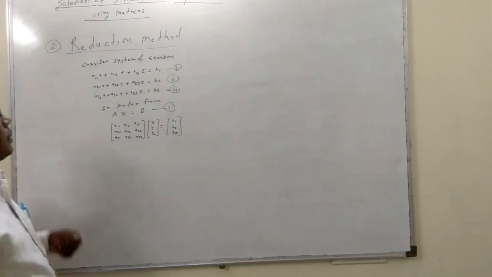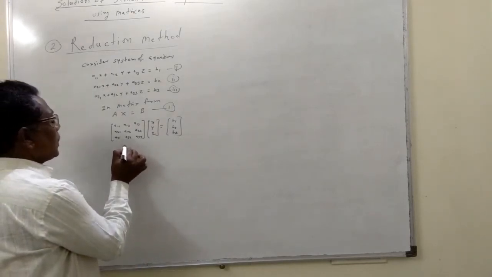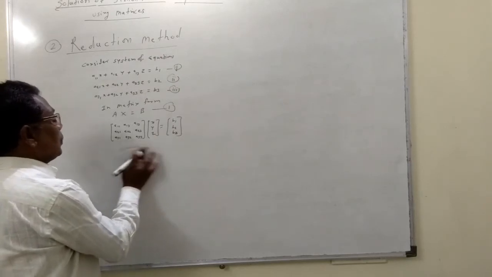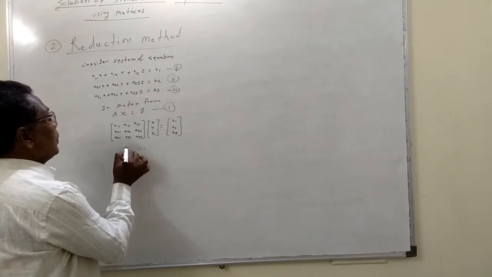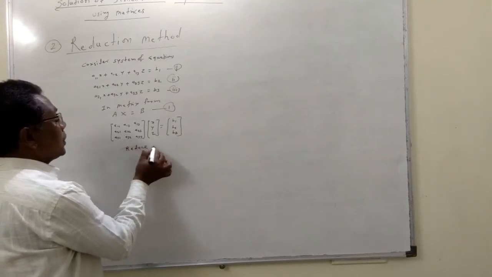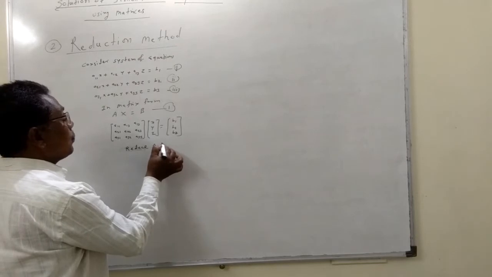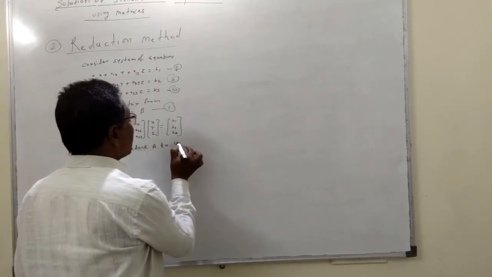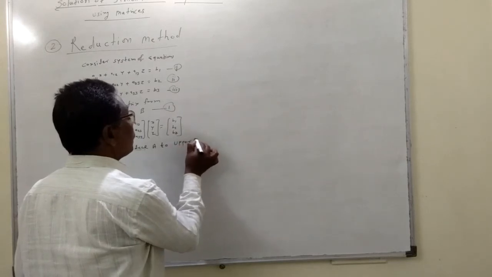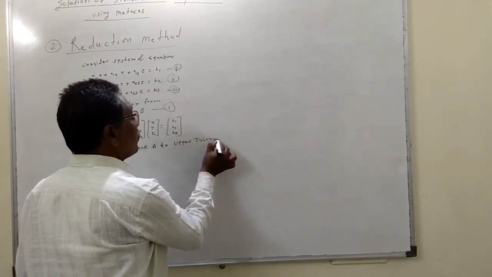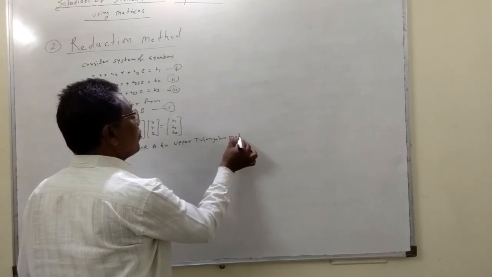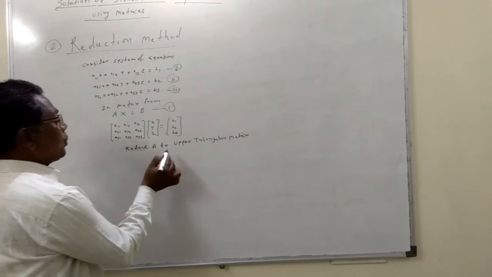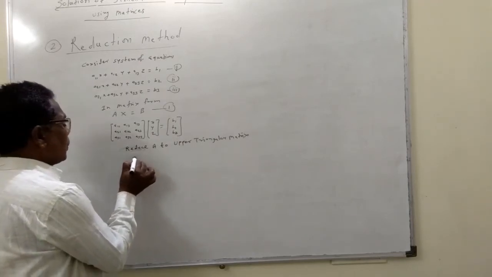Now here in the reduction method, reduce A to an upper triangular matrix. So what does upper triangular matrix actually mean?